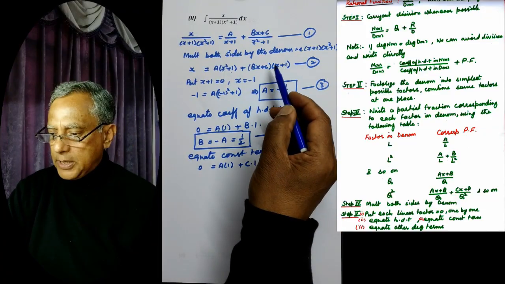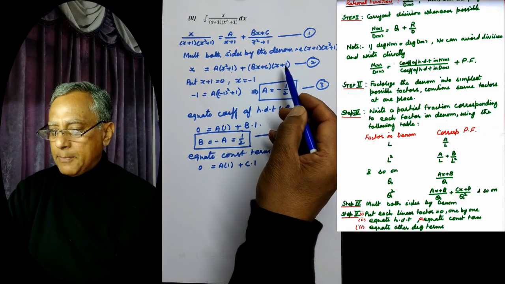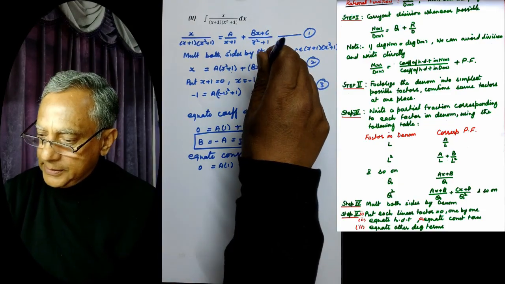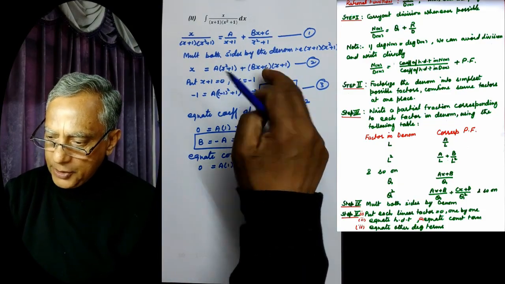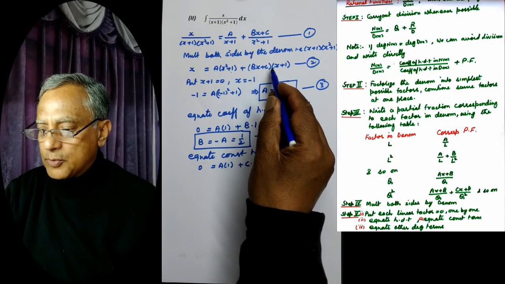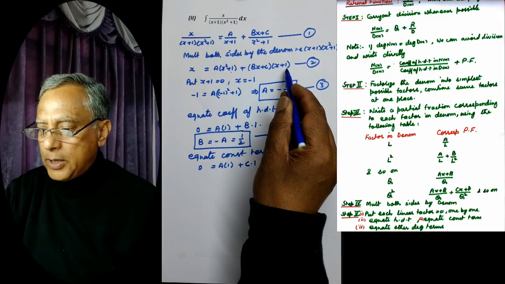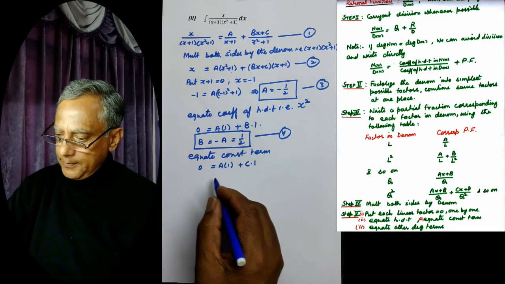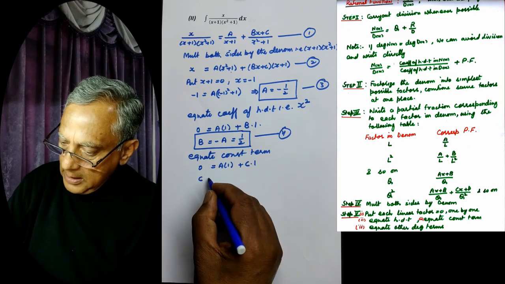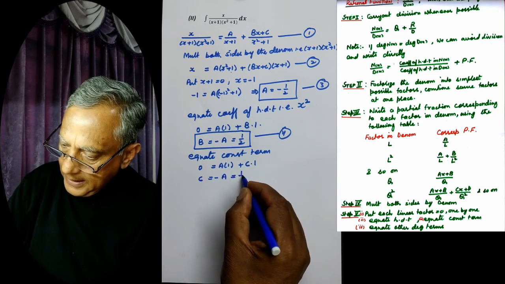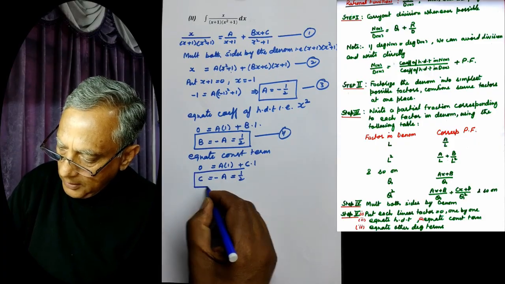We will get a constant term from this by multiplying the constants. If c is 0, if there is no c, then we will not get a constant term, because all the terms will be of bx square and bx. So there will be no constant term. Therefore this implies c is equal to minus a, and this is equal to half.